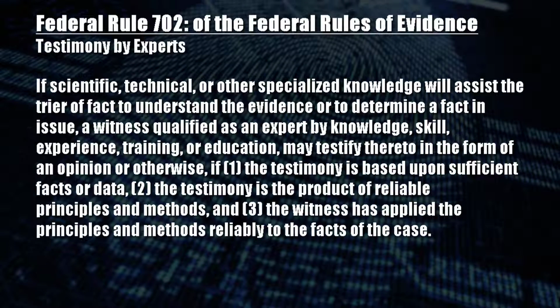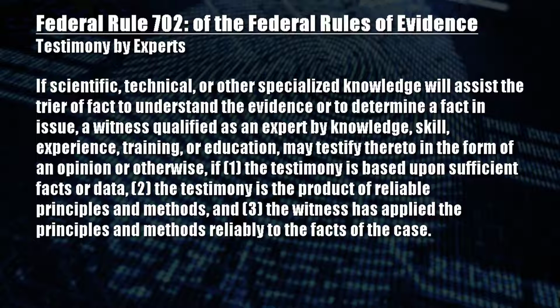Now, Federal Rule 702 is part of the Federal Rules of Evidence, which basically focuses on testimony by subject matter experts, which means that you have to qualify as an expert, and everything that you do during the qualification, such as experience and things in that area. It also covers how admissible the evidence is that you're testifying for, which basically means that it has to follow a standard.